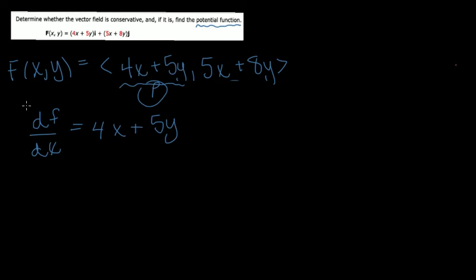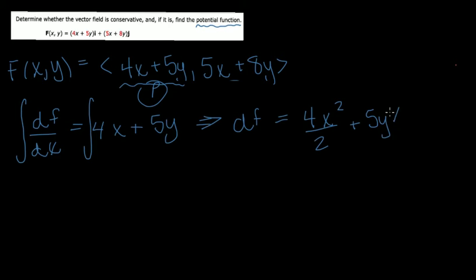So now you take the integral of both sides with respect to x only, and this would give us f is equal to 4x squared over 2 plus 5yx.